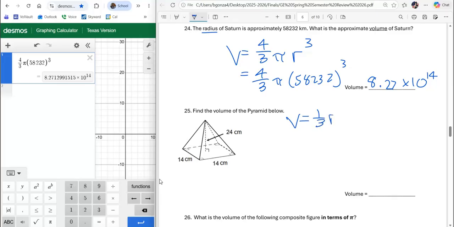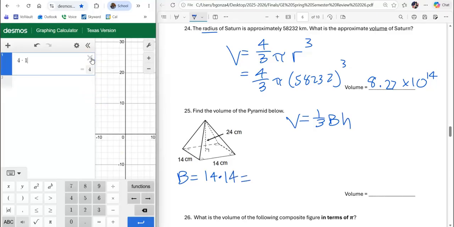Okay, find the volume of a pyramid. Volume of any pointy thing is 1/3 BH. Big B of a square is 14 times 14, which is 196.